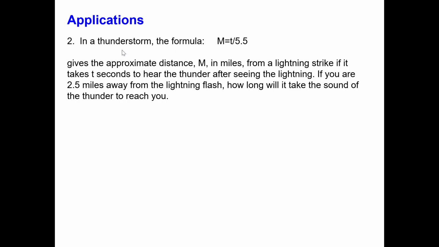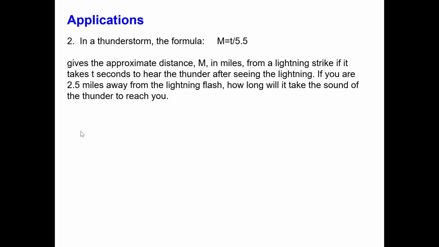In a thunderstorm, the formula m equals t over 5.5 gives the approximate distance m in miles from the lightning strike if it takes t seconds to hear the thunder after seeing the lightning. m corresponds to the distance and t corresponds to the time. m is in miles, t is in seconds.